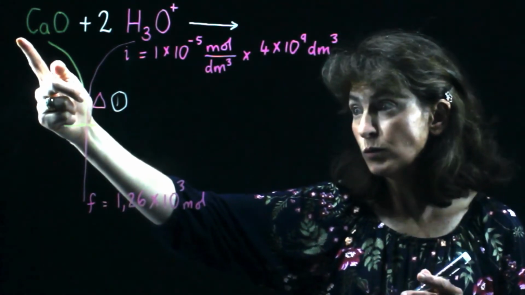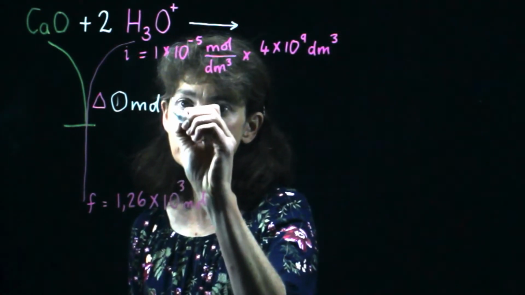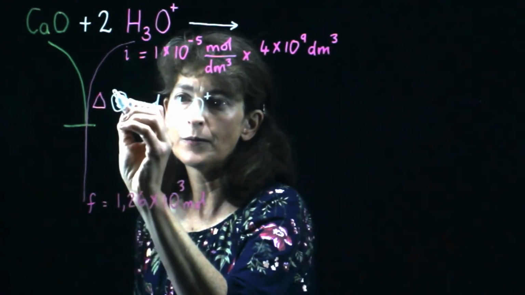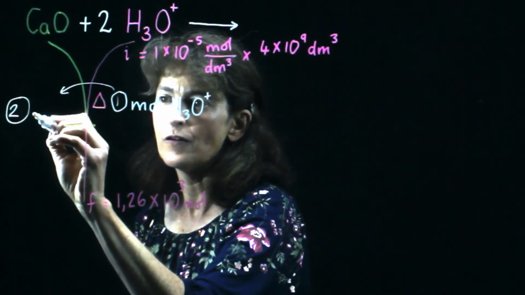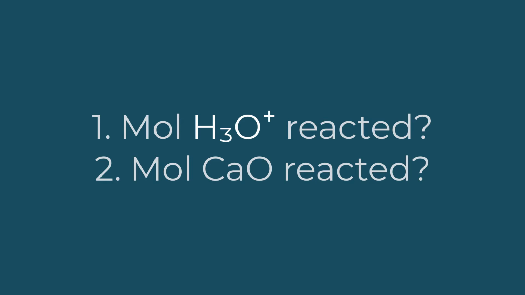That will be in moles, because this one is going to give us moles of hydronium that reacted, and then we're going to make use of the balanced equation to then get the number of moles of calcium oxide, which therefore must have reacted.